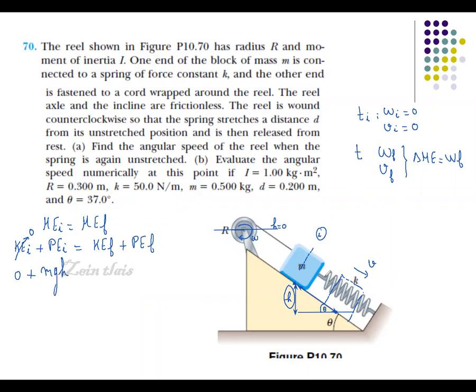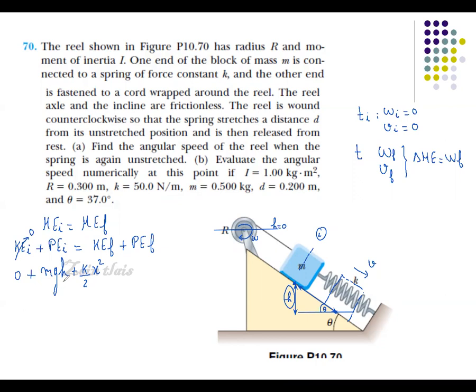Now let's take the spring. Here we have the elastic potential of the spring, which equals half k x square.